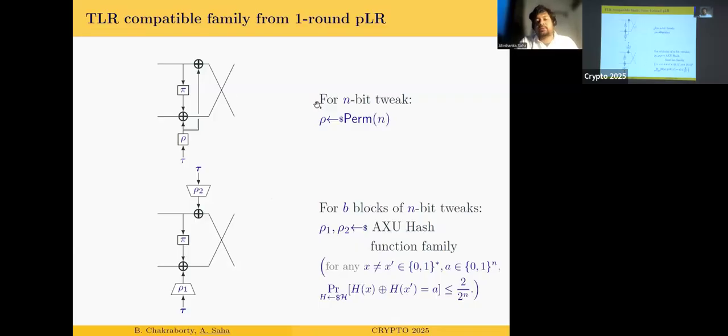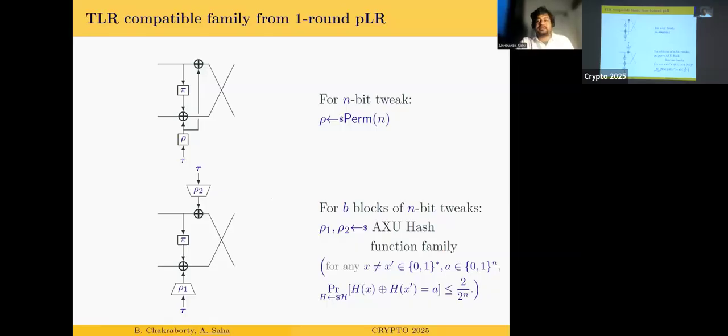For single block tweaks, we pass it through a uniformly chosen random permutation and XOR it to both the wires of the PLR. And for general length tweaks, we pass it through two AXU hash functions, rho1 and rho2, and then XOR it to both the input and output wires of the one round PLR. So these are our instantiations of the TLR compatible family.